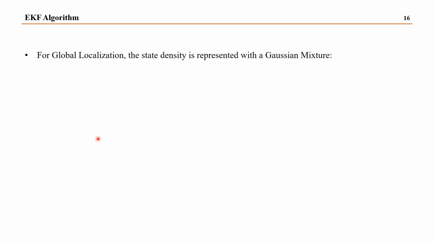To this end, in global localization, the state density will be represented with a Gaussian mixture as opposed to a single Gaussian. This would be given with the following form, which is the sum over n Gaussian mixtures of a weight, omega ki. The superscript here would be usually reserved for a hypothesis index, unless I state otherwise.